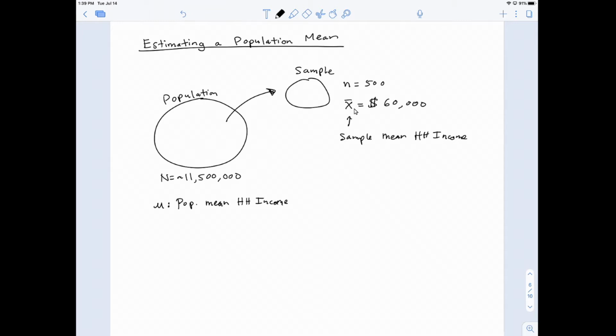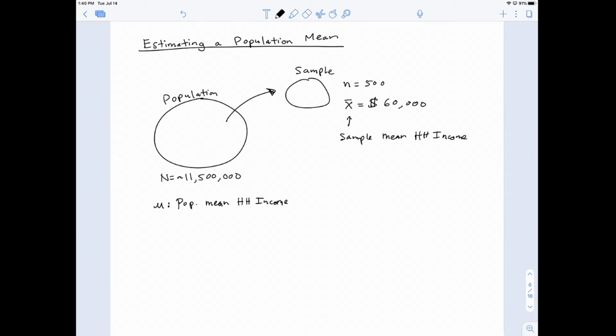The sample mean is the best point estimate for the population mean. And similar to the previous section, there's probably an error to our estimation because this is only a sample of 500 households out of many, many, many households, right? So we need a margin of error.